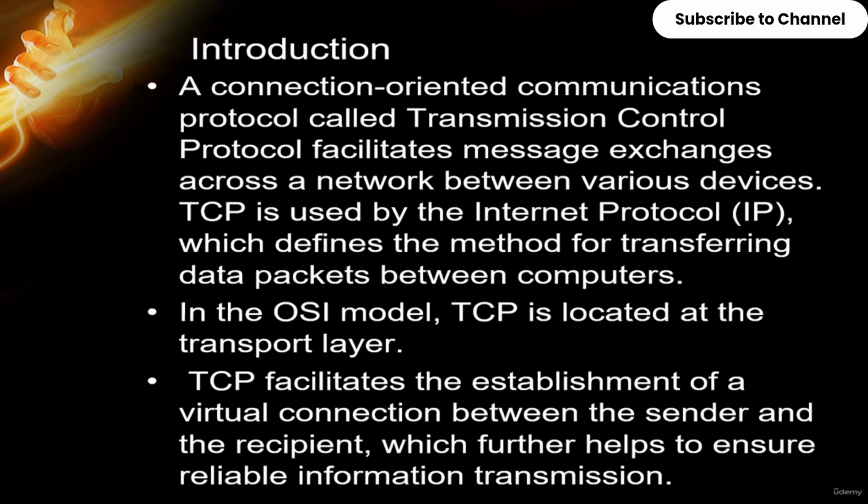In the OSI layers, TCP is located in the transport layer. TCP is used to establish the virtual connection between the sender and receiver, and it ensures reliable information transmission between them.